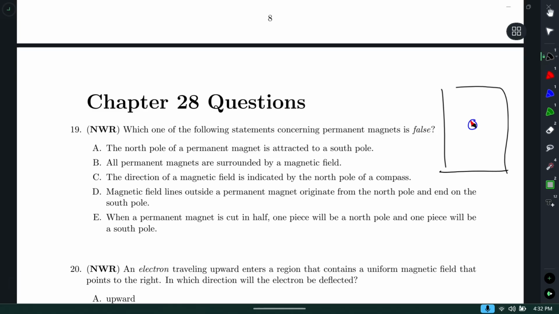If I stand in that spot and see that the compass is pointing that way, the magnetic field points that way, in the direction of the North Pole of the compass. If I go somewhere else in the room and suddenly find that now the compass is pointing this way, now I would say, okay, in this spot, the magnetic field is pointing this way. So that's what I mean by indicated by the North Pole of the compass.